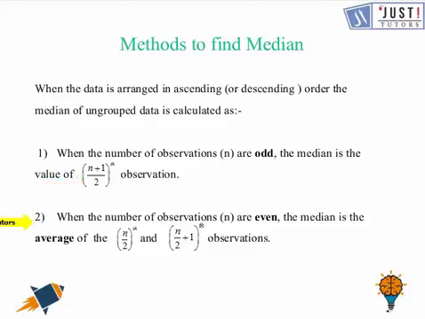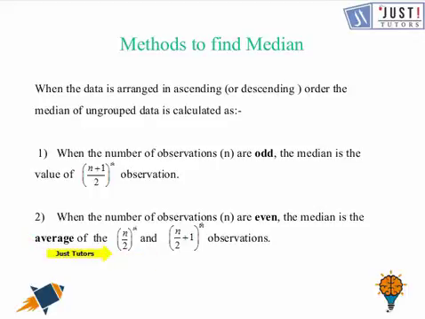When the number of observations, represented by n, is even, then the median is the average of the n over 2th term and the n over 2 plus 1th term. So we have the two middle values, and we need to find the average of these two values. It will be our median.